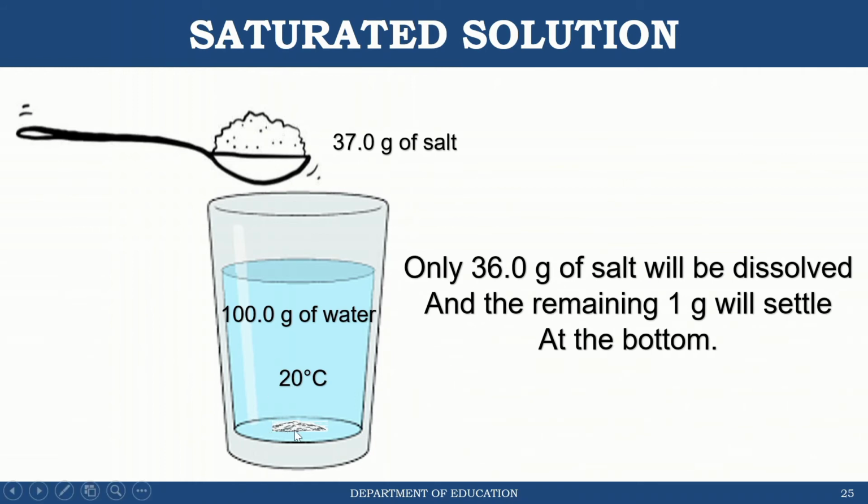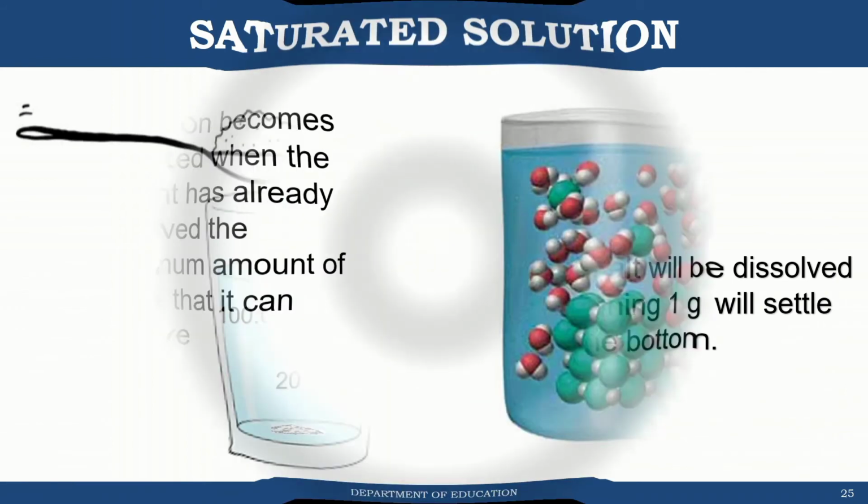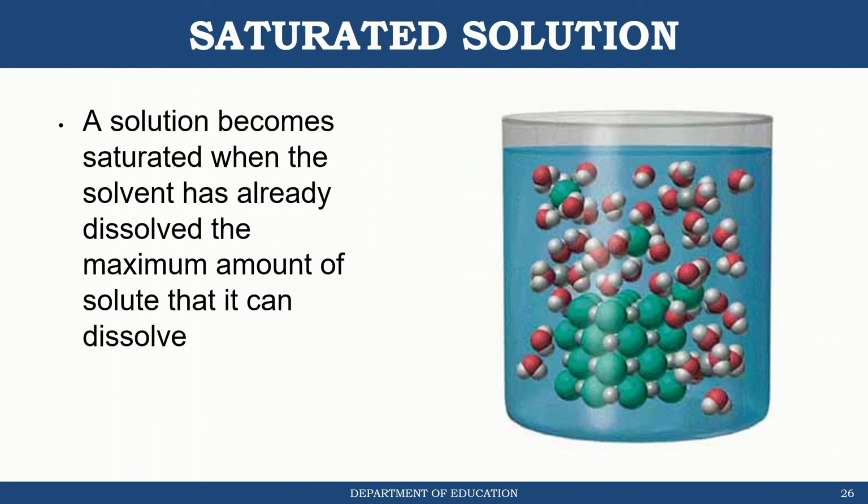This solution is called a saturated solution. A solution becomes saturated when the solvent has already dissolved the maximum amount of solute that it can dissolve. A saturated solution cannot dissolve more solute without changing certain conditions such as the temperature and the solvent or pressure.